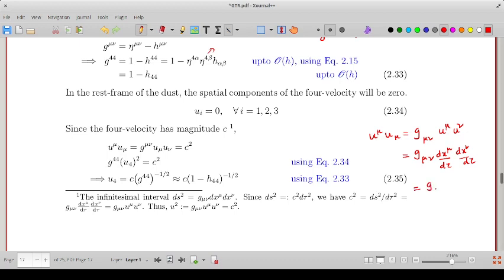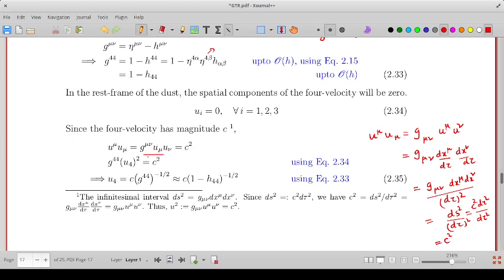So this is equal to g_μν dx^μ dx^ν divided by dτ², but g_μν dx^μ dx^ν is equal to ds², so this is ds² divided by dτ². Now ds² can be written as c² dτ², and the denominator is dτ². Cancelling dτ², we have c². So the norm of the four velocity is equal to c². So that's what we have over here.